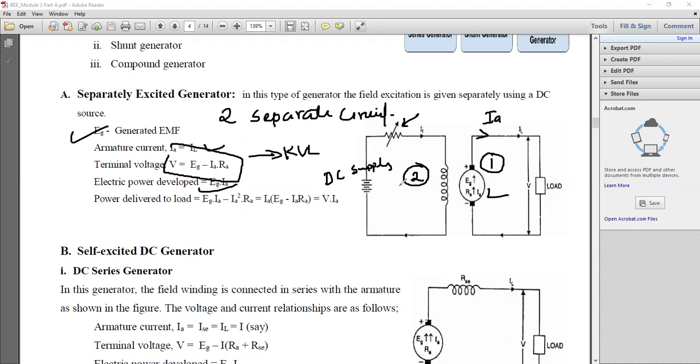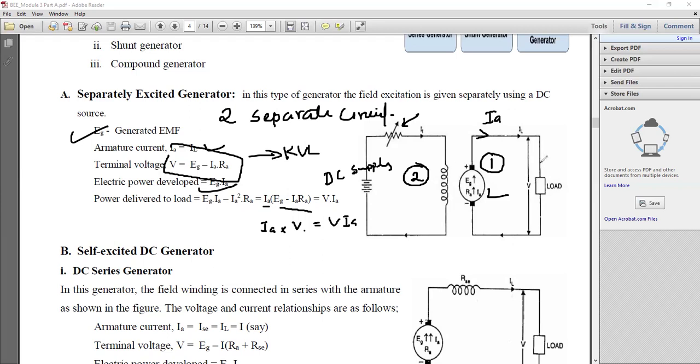Therefore, power delivered to the load can be written as EG IA minus IA square into RA. So you can take IA as a common factor. Therefore, I can write IA into (EG minus IA RA). What is EG minus IA RA? That is nothing but the terminal voltage. This is actually V into IA.